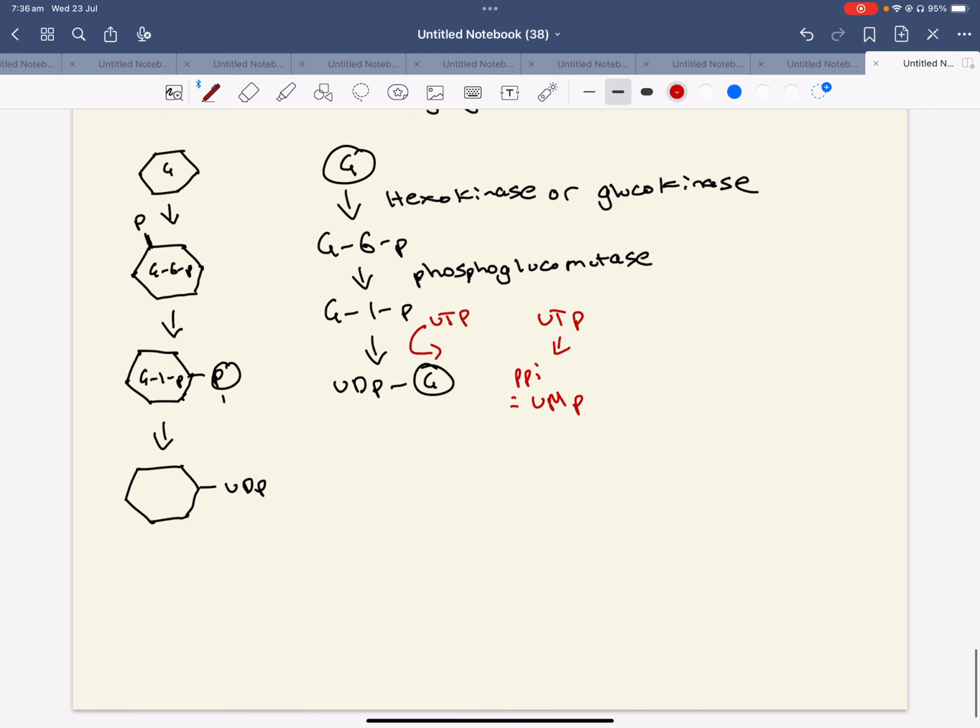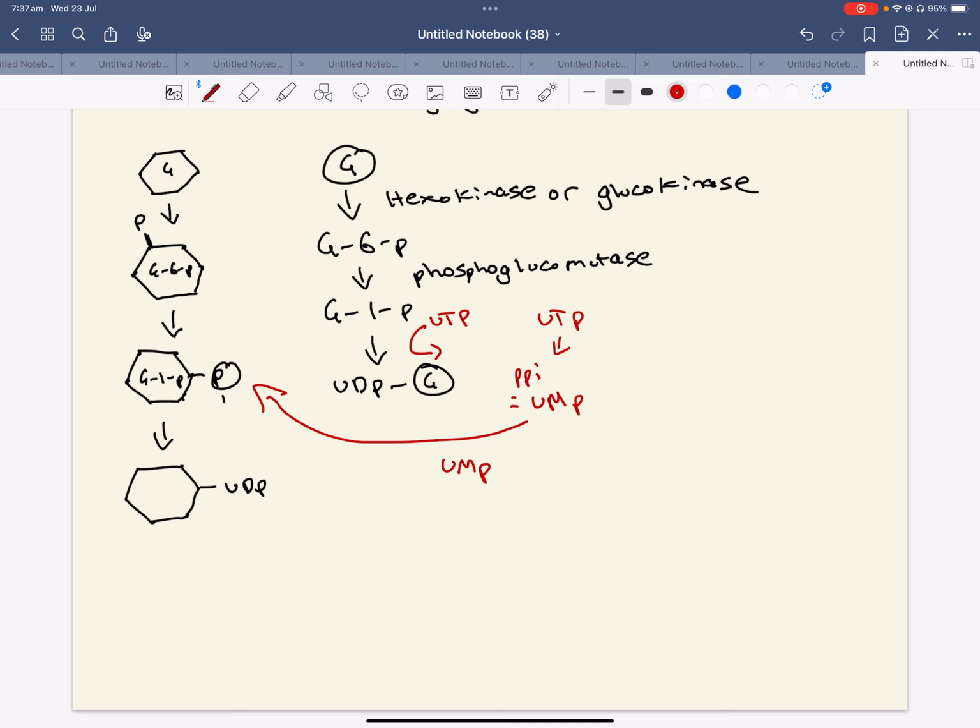So we're adding UMP to that phosphate group on the glucose 1,6 phosphate, and we have the original phosphate. Now we've got an extra phosphate, so it's called UDP, uridine diphosphate. Okay?